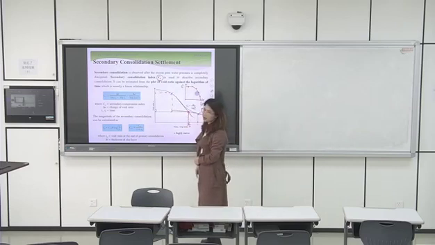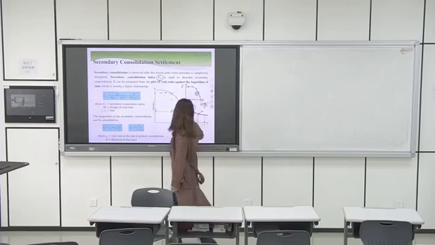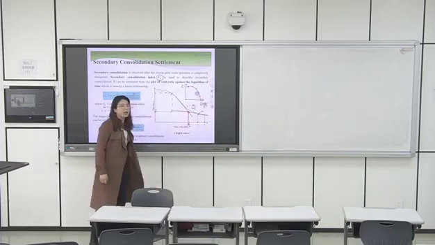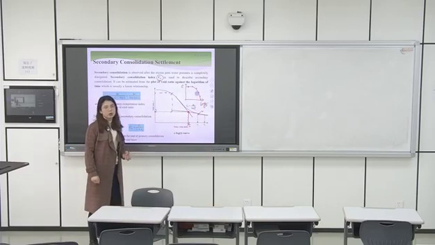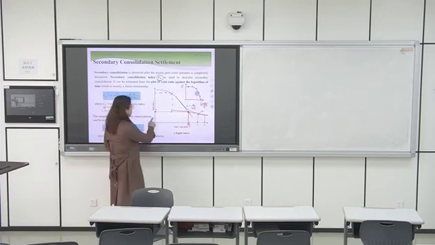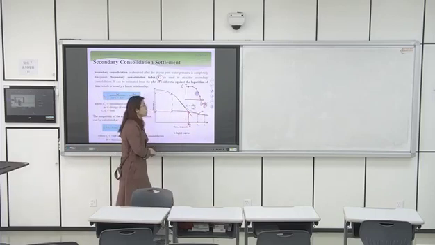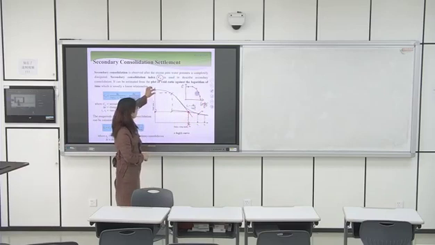From here it starts. The primary consolidation we think is finished, and the corresponding void ratio in here is the void ratio for secondary consolidation. So void ratio decreases again from this point. So pre-compression, primary consolidation, secondary consolidation.